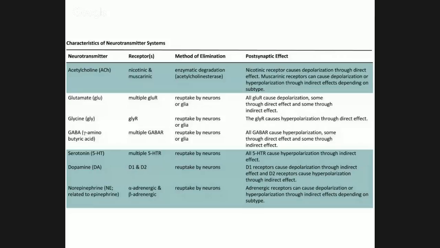These are all amino acids, but glutamate, glycine, and GABA work independently, so we talk about the glutamatergic or the glycinergic or the GABAergic systems. That's why I have sort of three different things. Each of these 7 things here can be referred to as something ergic systems.